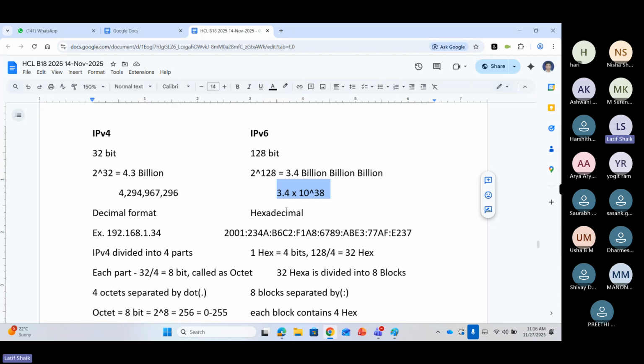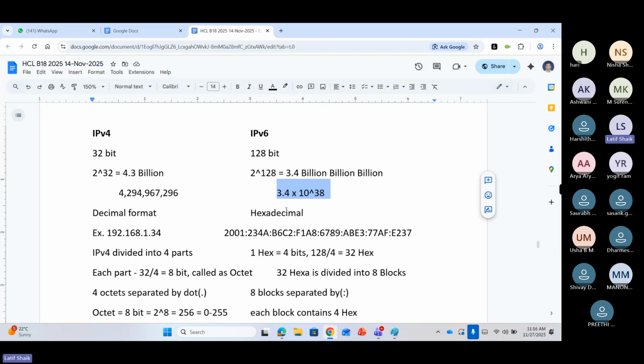Okay, we'll go through the differences, guys. IPv4 and IPv6 differences. IPv4 is 32-bit, IPv6 is 128-bit. IPv4 has 4.3 billion IP addresses, whereas IPv6 has 3.4 into 10 to the power of 38 IP addresses. IPv4 is decimal format and IPv6 is represented in hexadecimal format.